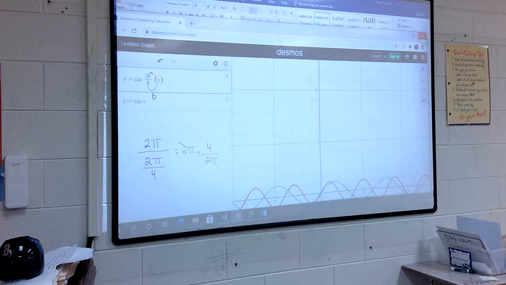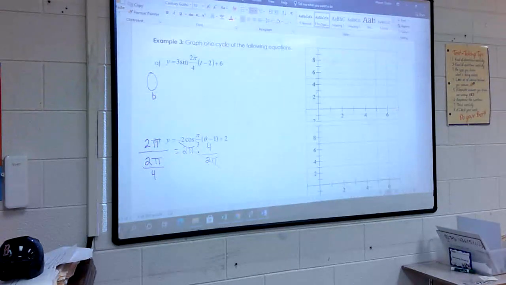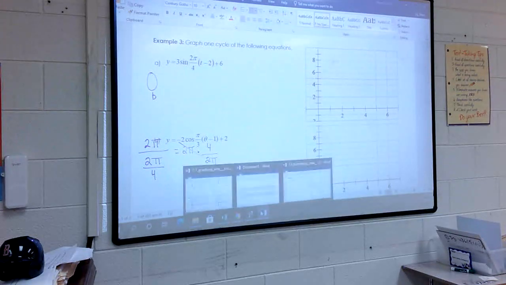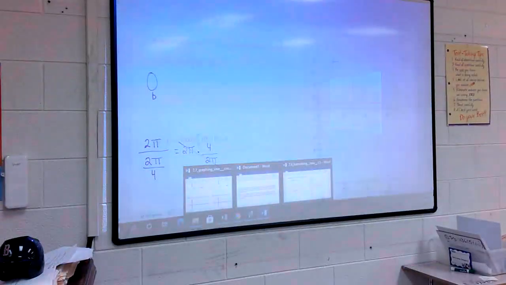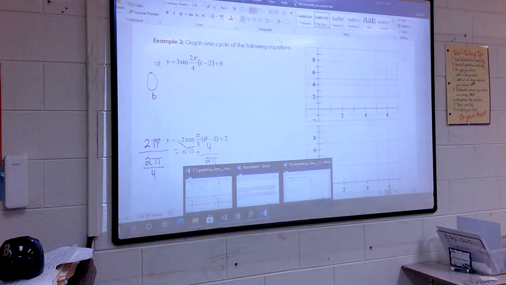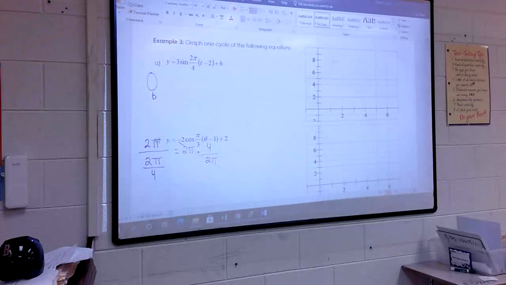All right, so let's go to the last one. Negative 2 cosine of pi over 3, and then x minus 1 plus 2. Okay? So negative 2 cosine of pi over 3, and then x minus 1 plus 2.